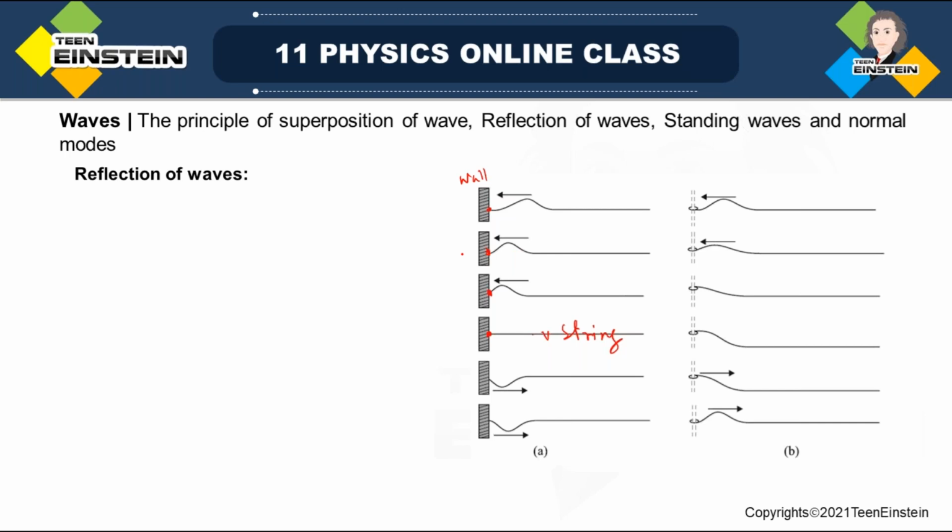See what happens when the wave comes all the way and hits over here. What will this rigid wall do? According to Newton's third law, since the wave is giving an action here, the wall will produce a reaction of equal magnitude but in the opposite direction.